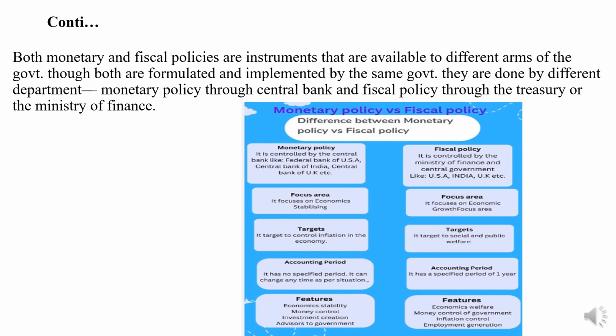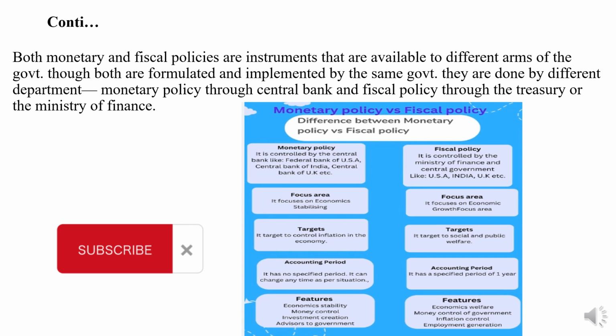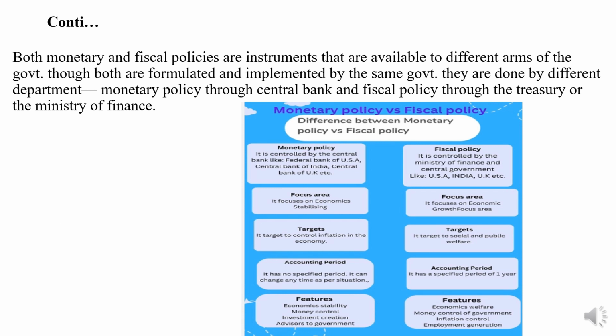Monetary policy features contain economic stability, money control, investment creation, advisors to the government. On the other hand, the fiscal policy has the features of economic welfare, money control of government, inflation control, and employment generation.